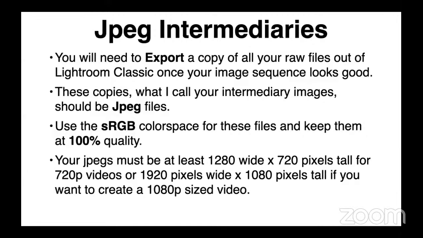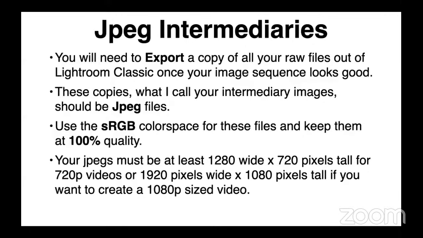We're going to use the sRGB color space at maximum quality, and we're going to tell it how tall and how wide we want those files to be. For 720p video, we would use 1280 pixels wide by 720 pixels tall. For 1080p video, we would use 1920 pixels wide by 1080 pixels tall.